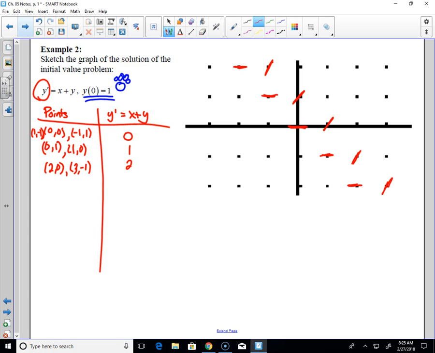How about 0, 2? 0, 2 would also be 2. Okay, so 0, 2, that's going to be up 2 over 1. It's a little bit steeper than 1. Up 2 over 1.